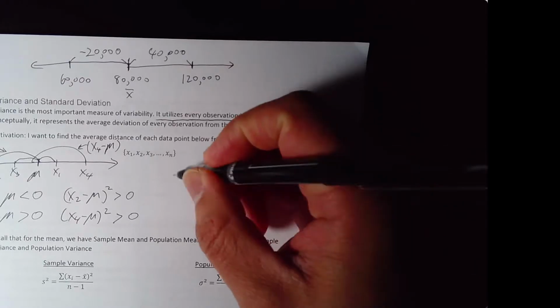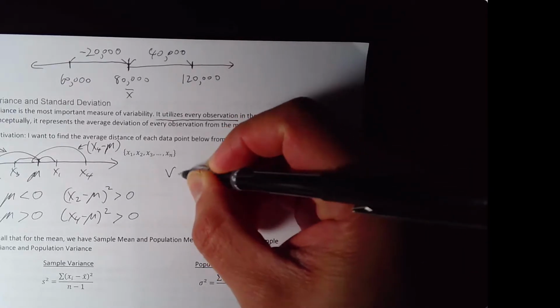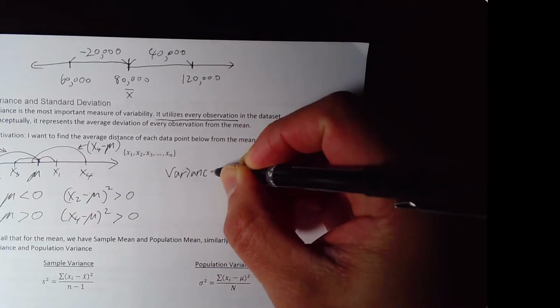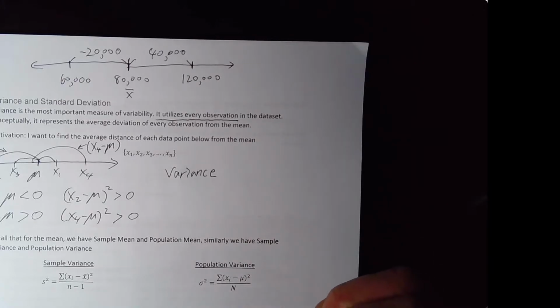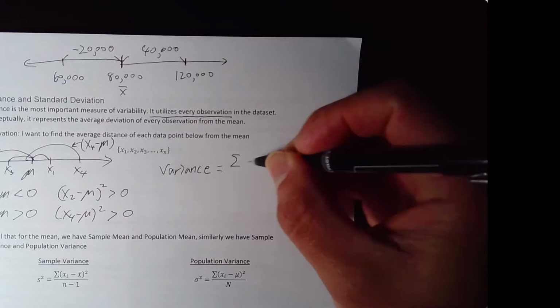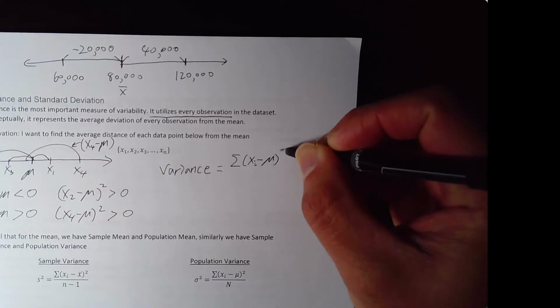The variance, which we will call sigma squared. Let me write this there. So variance, as a definition, is the summation of xi minus mu squared.